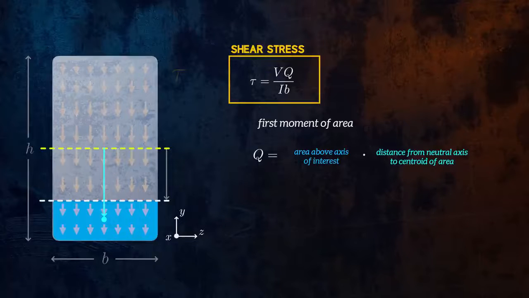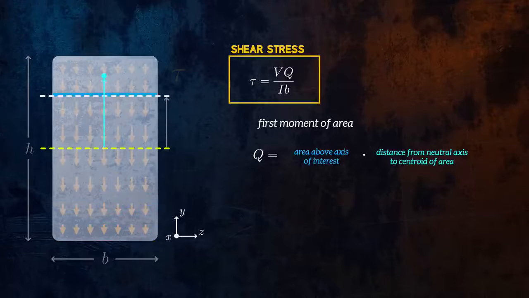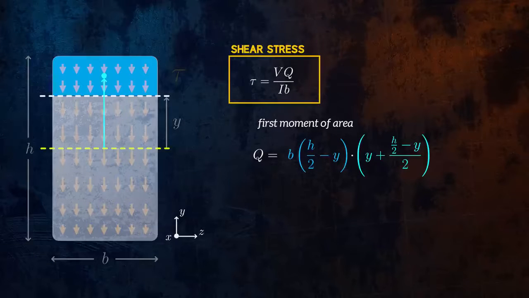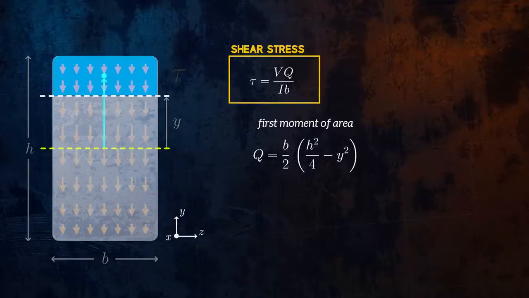To calculate the first moment of area at this line, which is at a distance y from the neutral axis, we multiply the area of the blue rectangle above the line by the distance from the neutral axis to the centroid. Doing this calculation gives us an equation for Q as a function of the distance y from the neutral axis for a rectangular cross-section.